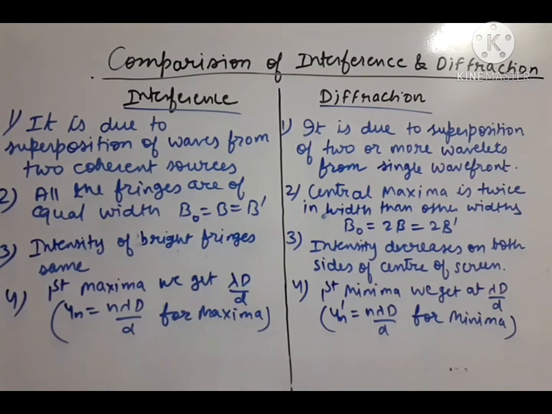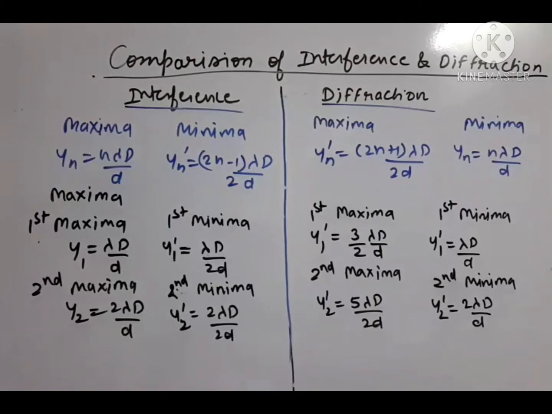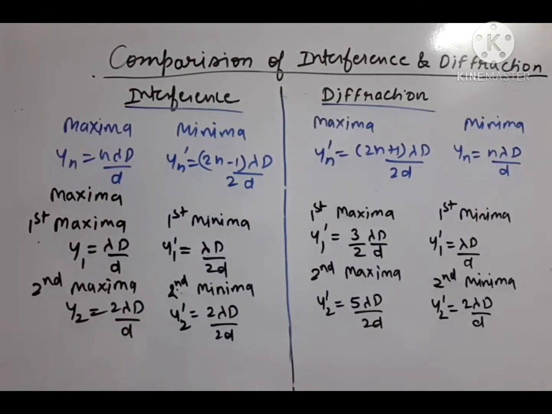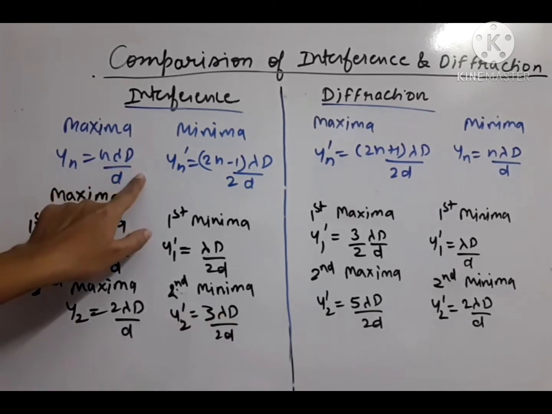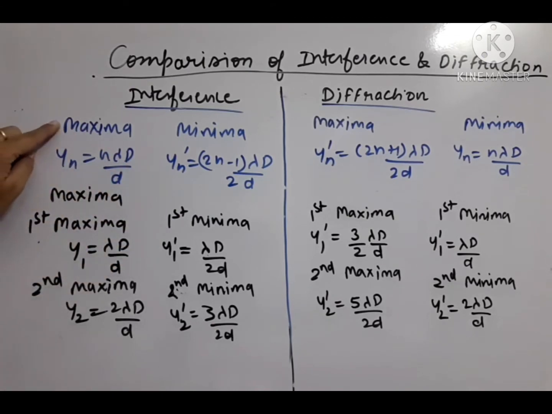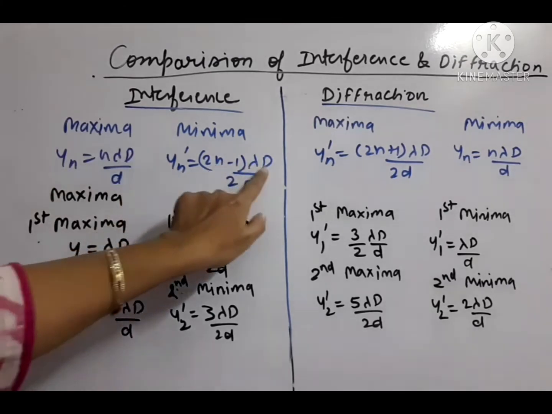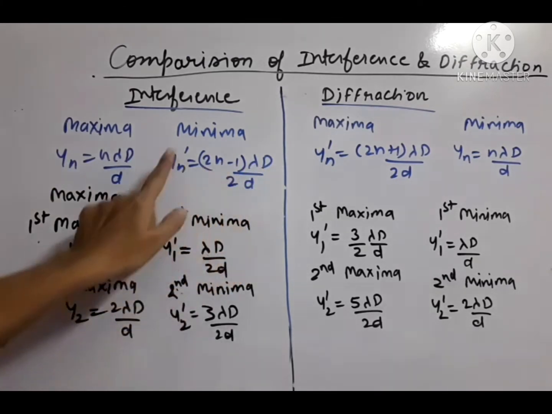Lastly, we can make some formulas for numericals. We can conclude the formulas. Now you can see that we have listed the formulas of first maxima, second maxima and all. Let us conclude: in interference, maxima n lambda D by d, minima (2n minus 1) lambda D by 2d.